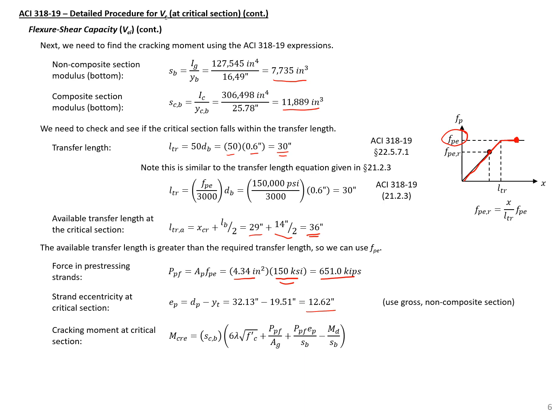So our cracking moment is going to be equal to the section modulus of our composite section, 11,889 inches to the third. We use our composite section here because our composite section is resisting that externally applied cracking moment. So we'll take this times 6 times 1.0 times the square root of 8,500 psi.